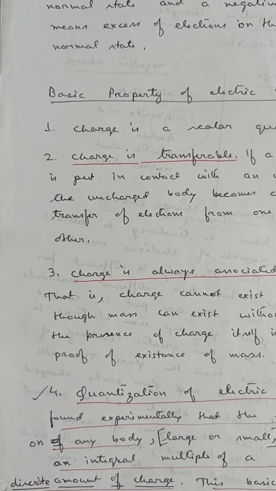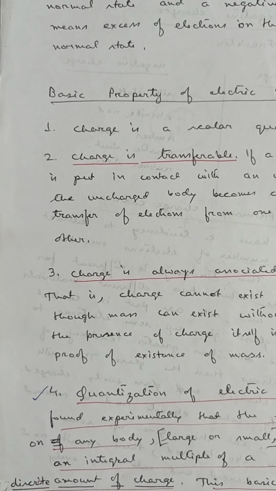Because when we rub a glass rod with silk cloth, electrons get transferred from the glass rod to the silk cloth, as already discussed in our previous lectures. As a result, the glass rod loses certain mass, maybe very small, during its positive charging process, and the silk gains certain mass during its negative charging process.